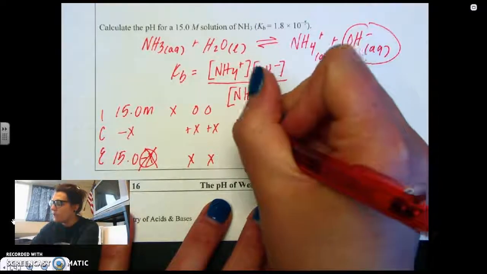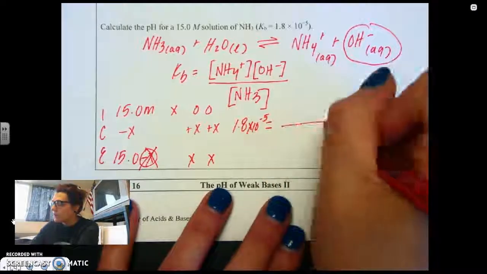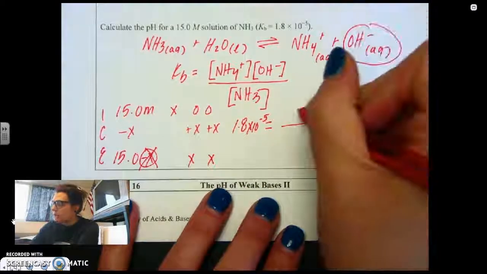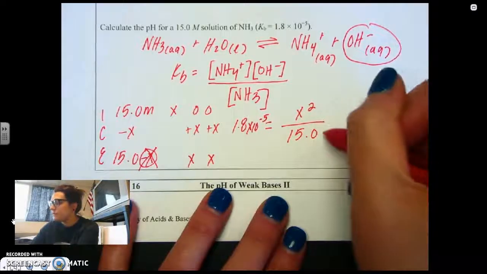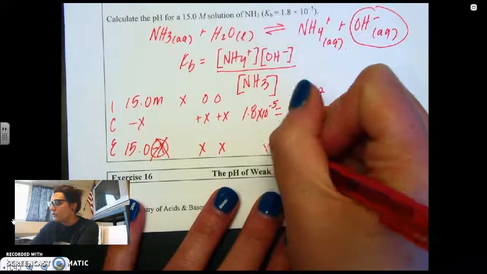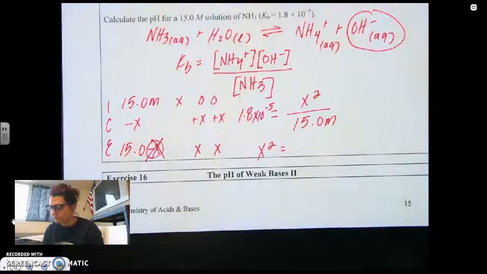So the Kb is 1.8 times 10 to the negative fifth. These are both X, so it's going to be X squared divided by the starting molarity, which is 15 molar. And then you do X squared is equal to this times this times 15.